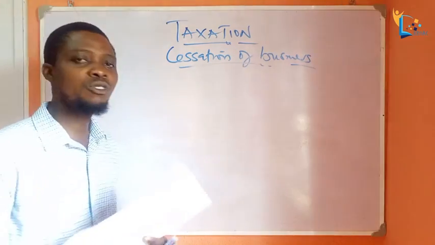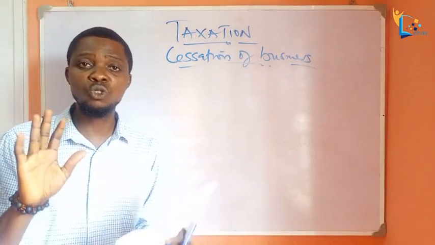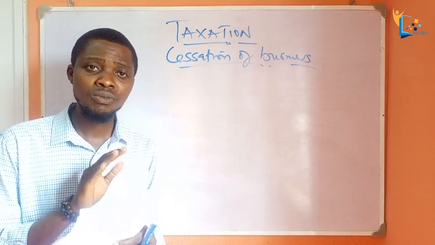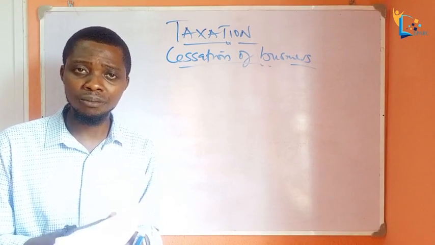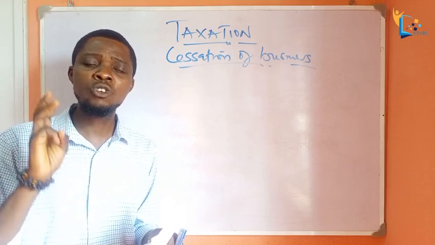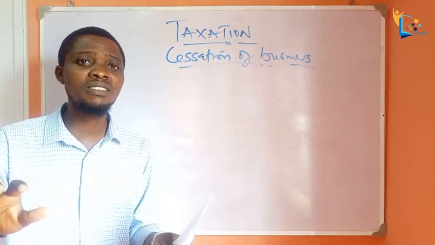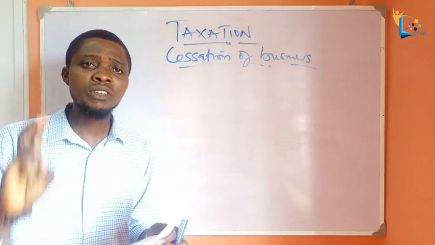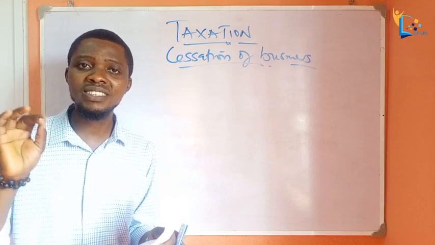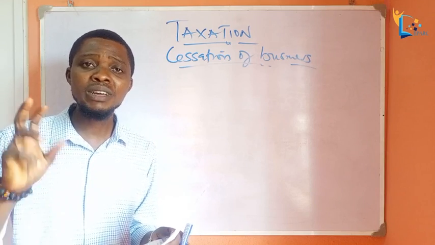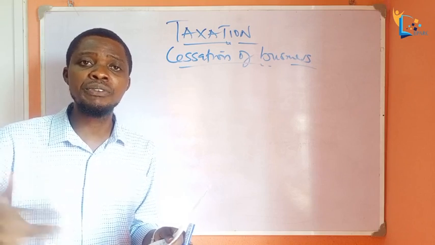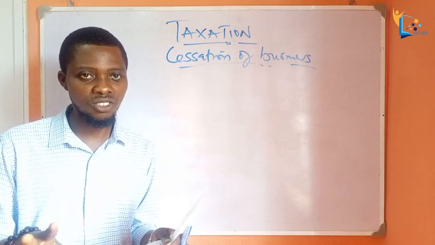Now, how do you solve this question? There are three things you need to do first before you give a solution to this problem. Number one, you have to recognize your ultimate year, which is the year the business ceases to operate. Number two, you have to recognize your penultimate year, which is the year preceding, or the year before, the year of cessation.